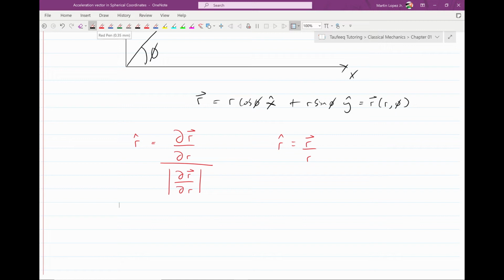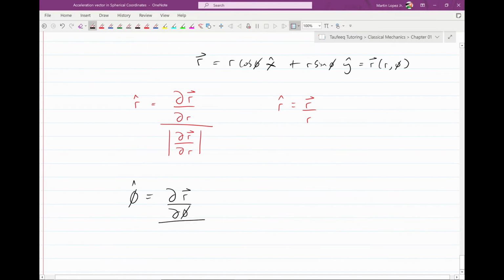And in order to make this a little more clear, because they're all r's, if we wanted to find phi hat, then we can take the derivative of the position vector with respect to phi, and then we will normalize it by the length of that vector. We'll make it 1, and that'll point in the direction of how the position vector changes with phi.